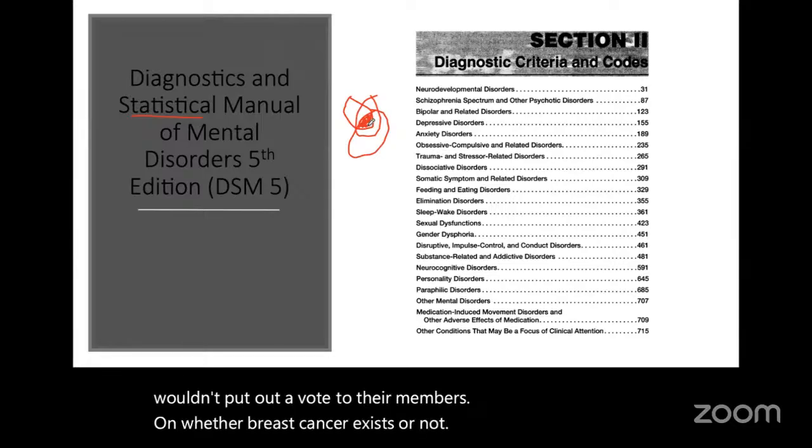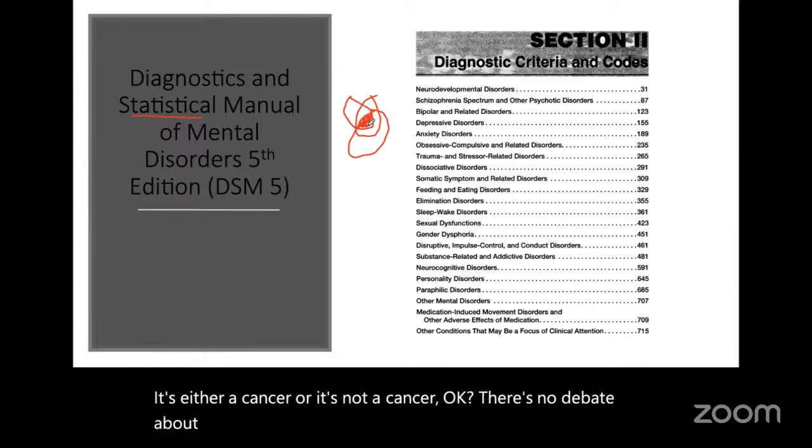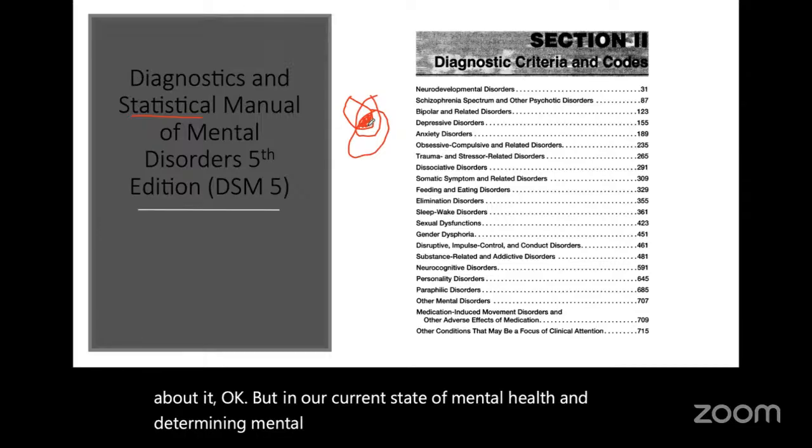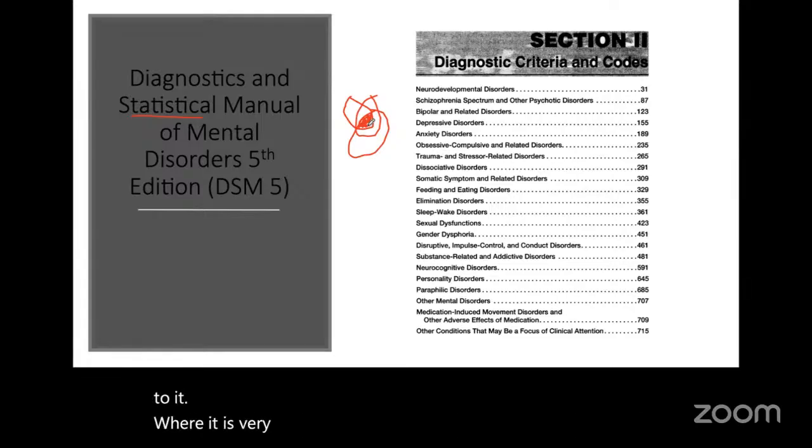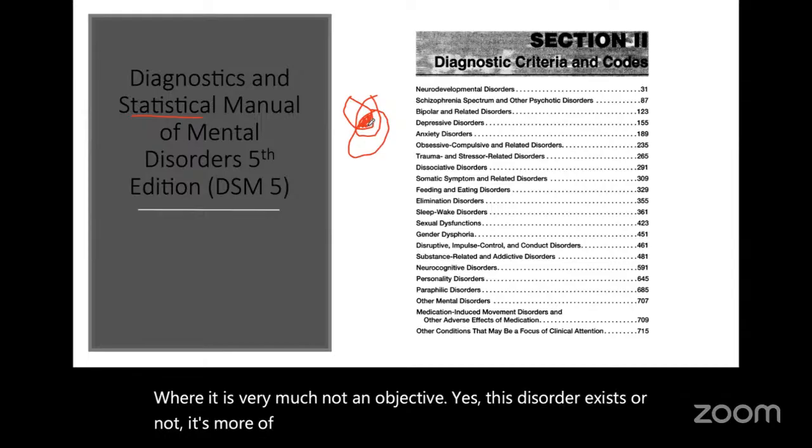It's either a cancer or it's not a cancer. There's no debate about it. But in our current state of mental health and determining mental illnesses, there is this subjective part to it, where it is very much not an objective yes, this disorder exists or not. It's more of a majority vote. Okay.